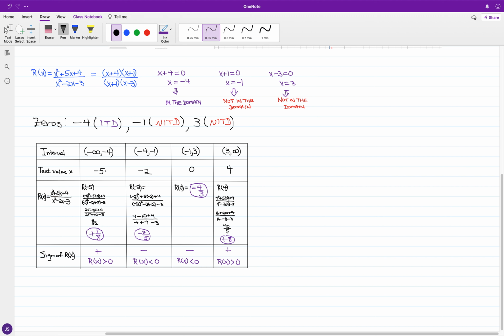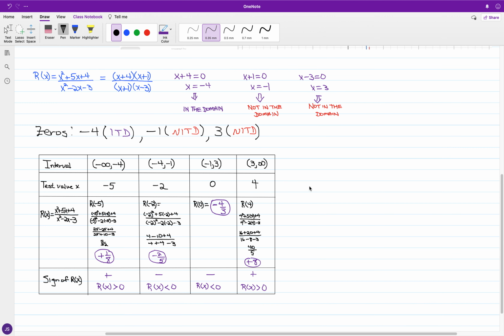And if I take each of the inequalities, first of all, if I have x squared plus 5x plus 4, all over x squared minus 2x minus 3, say if this is less than 0, so this will be referencing what we have for R of x is less than 0.